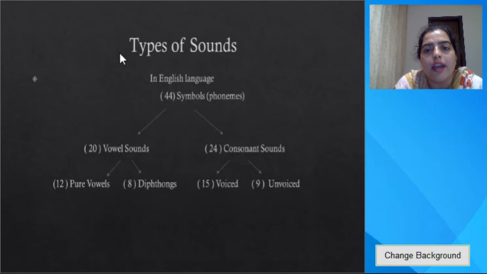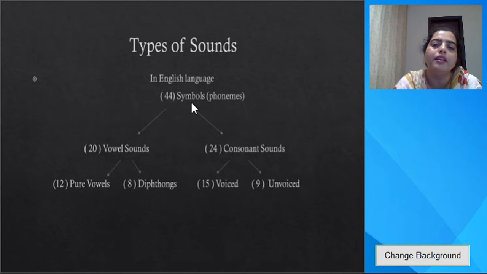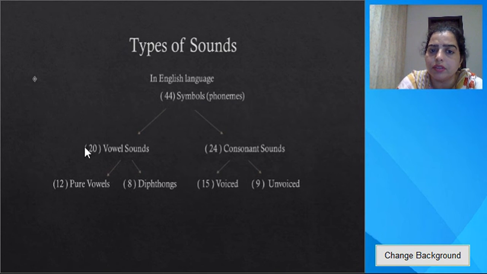Now, as I have described, we have to learn these 44 symbols for different sounds. Similarly in Hindi, you have two kinds of sounds, swar and vyanjan. Similarly, in the English language, we have 20 vowel sounds and 24 consonant sounds. How will you decide this? That out of 44 sounds, only 20 are vowel sounds and 24 are consonant sounds?